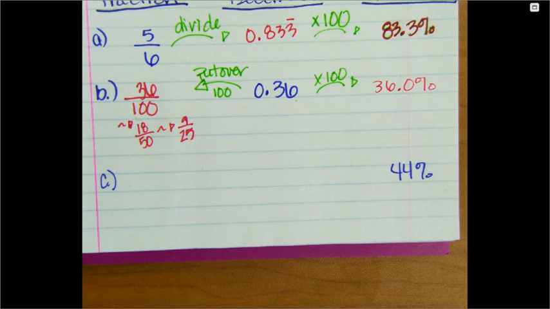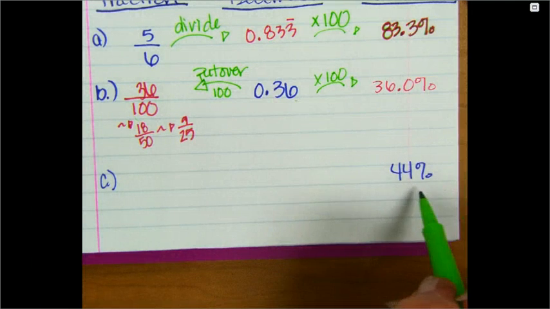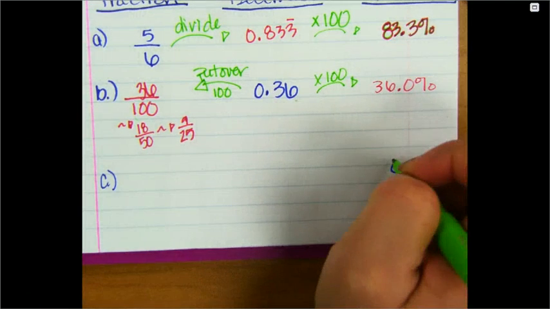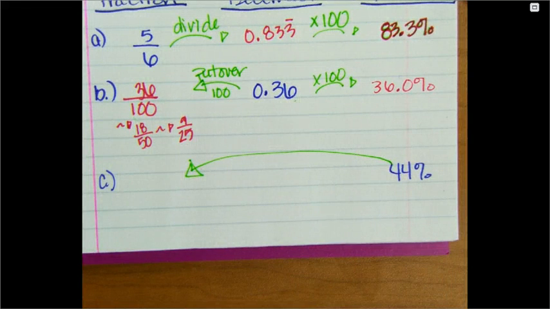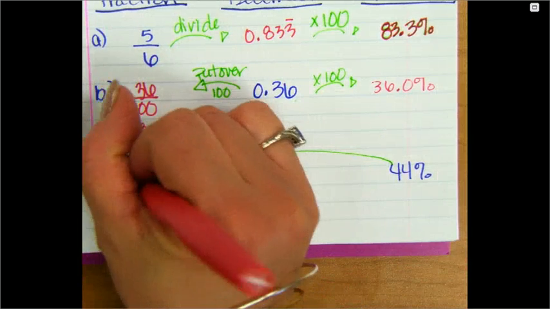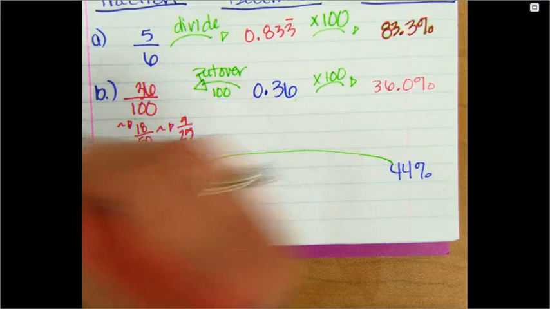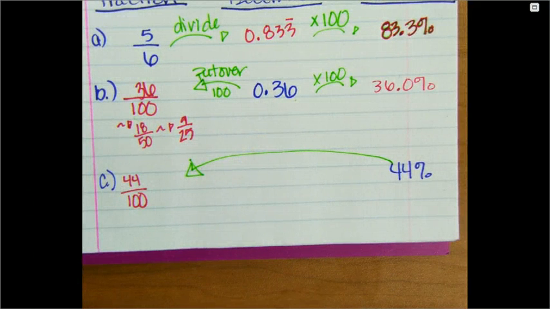Ready? Okay. My suggestion is to go from 44. Give me a decimal, or fraction. What are you going to put 44 over? Over 100. Because the percent is always out of how much? 100. So I'll put it over 100.